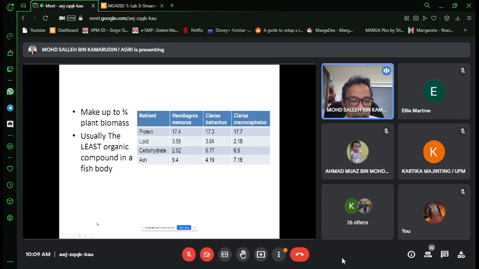All right. In plants it is quite important because carbohydrates make up two-thirds of the plant biomass. For fish, it's usually the least abundant organic compound. In one study that I published many years ago, the carbohydrate is between 2 to 6.5%.